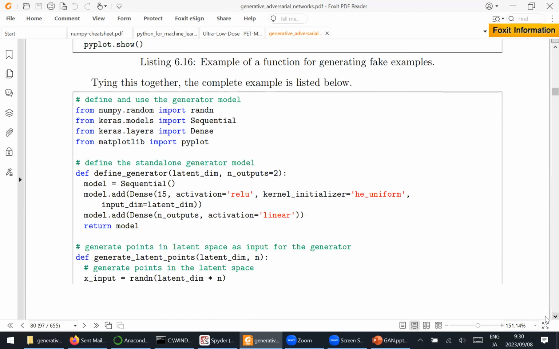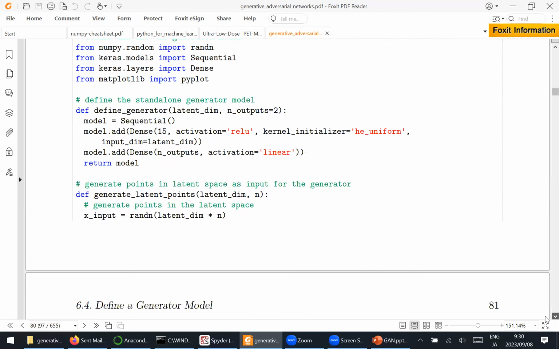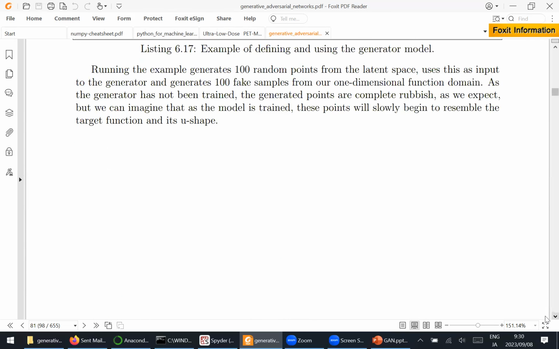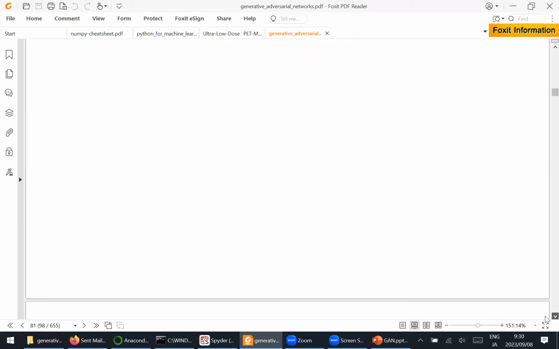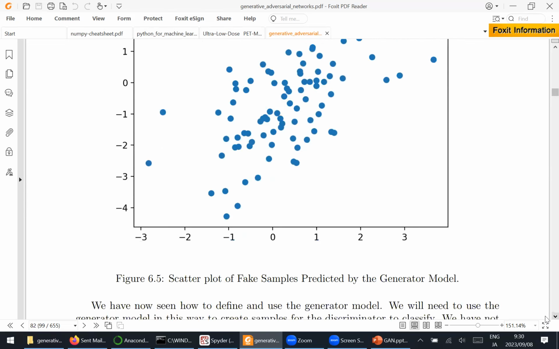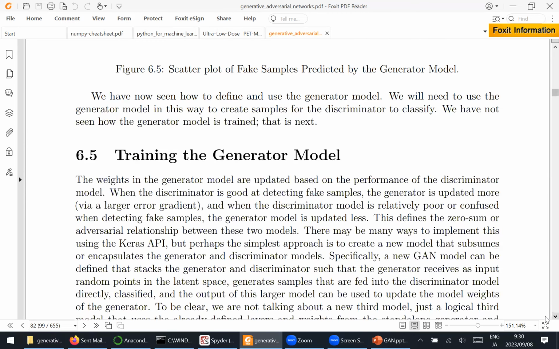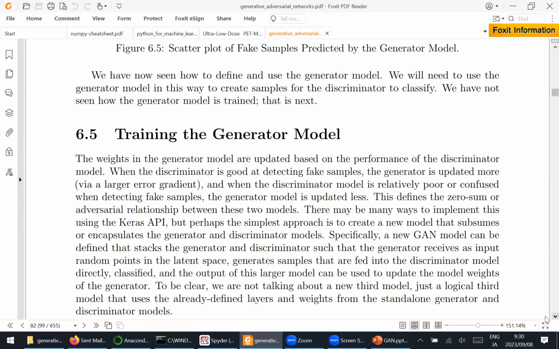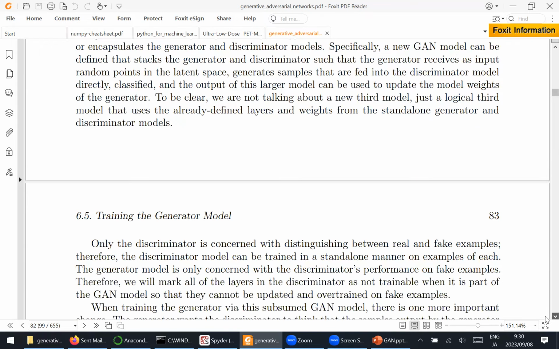Tying it all together, we have the complete list. These are just random numbers here. So beginning, we start to train the generator.